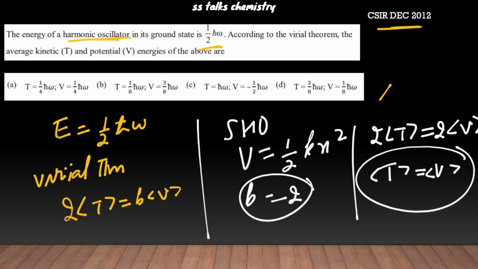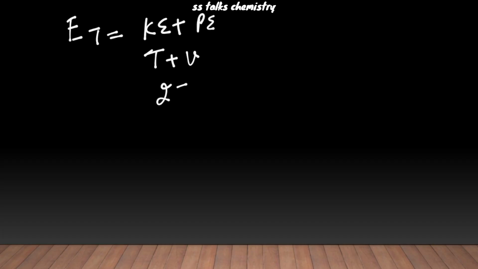So now the total energy is the sum of the kinetic energy plus the potential energy, T plus V. Now 2 times T we can write as E total, so kinetic energy is going to be E total upon 2.